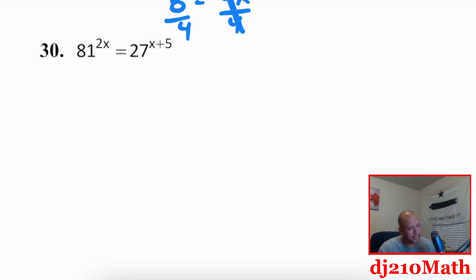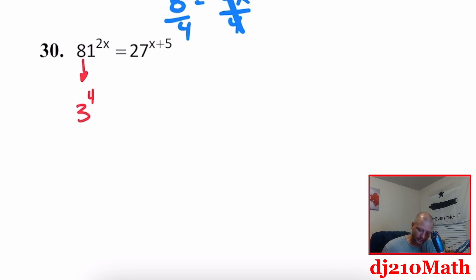You have, like, 3 has to come to mind, right? At this point, you got to know that these are multiples of 3. So 3 to some power is equal to 81. 3 times 3 is 9, times 3 is 27, times 3 is 81. So 81 is really 3 to the 4th power.